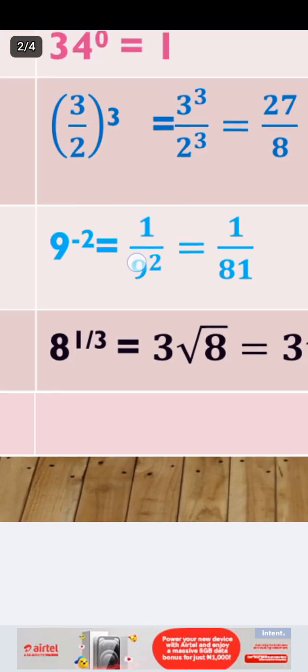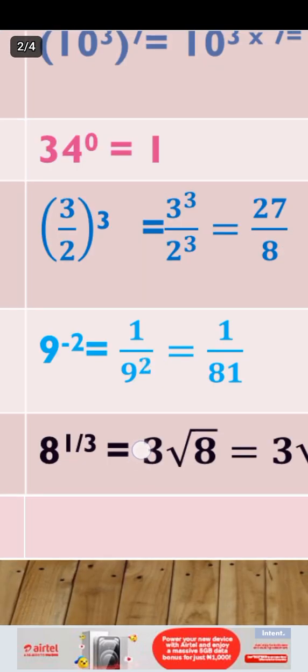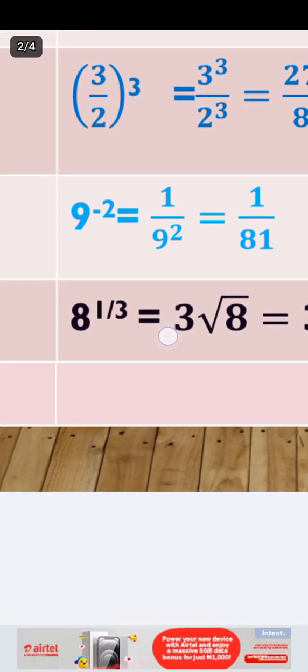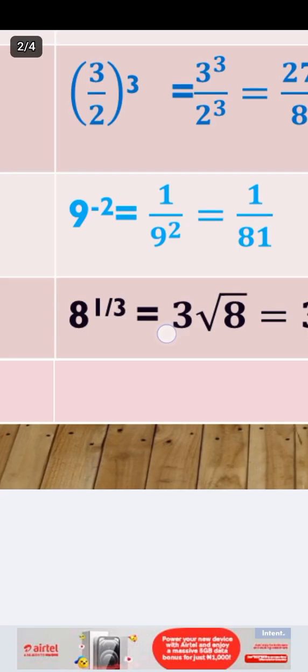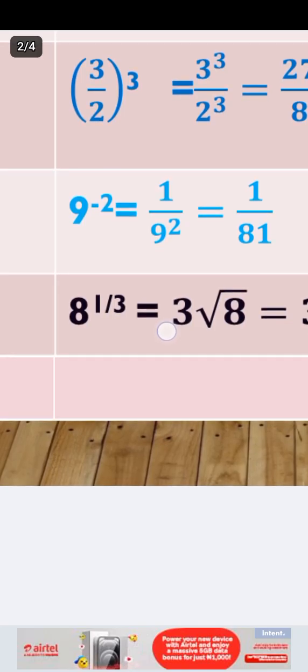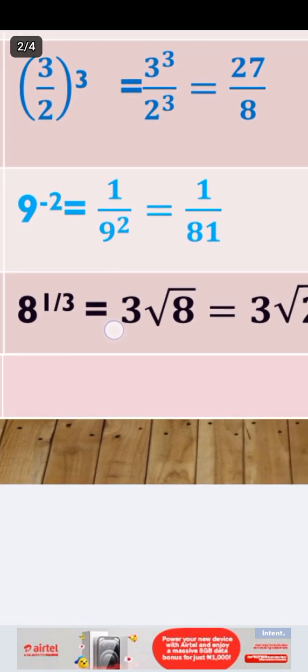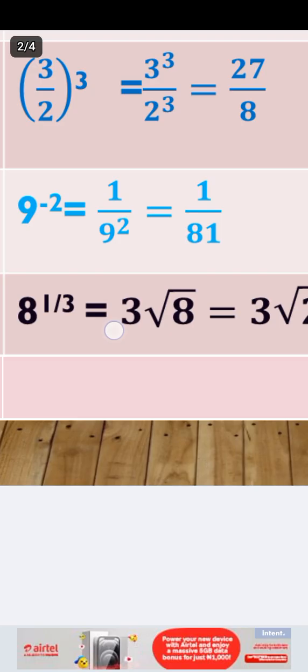Now let us take an example. Example 1 is say 8 raised to power 1 over 3. 1 is the numerator of that fraction and 3 is the denominator. That means the denominator will become the root, while the numerator becomes the power to which 8 is raised. That is the cube root of 8 raised to power 1.